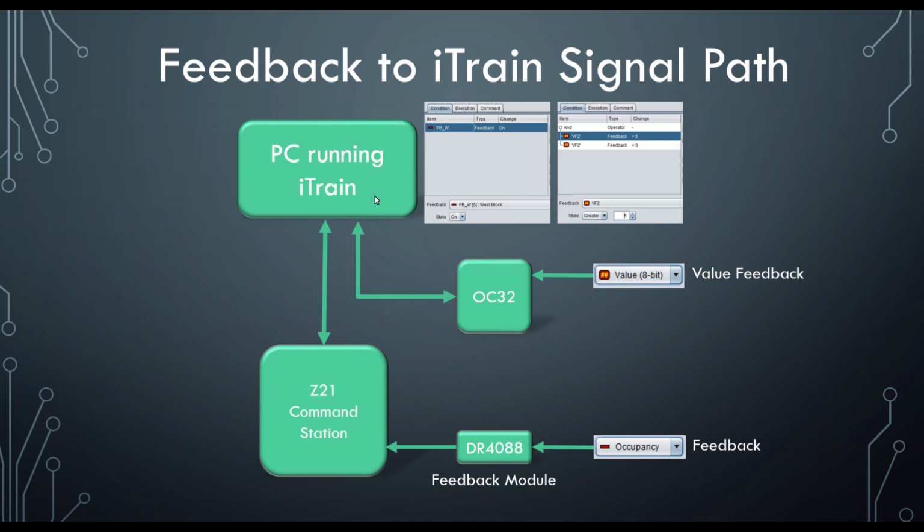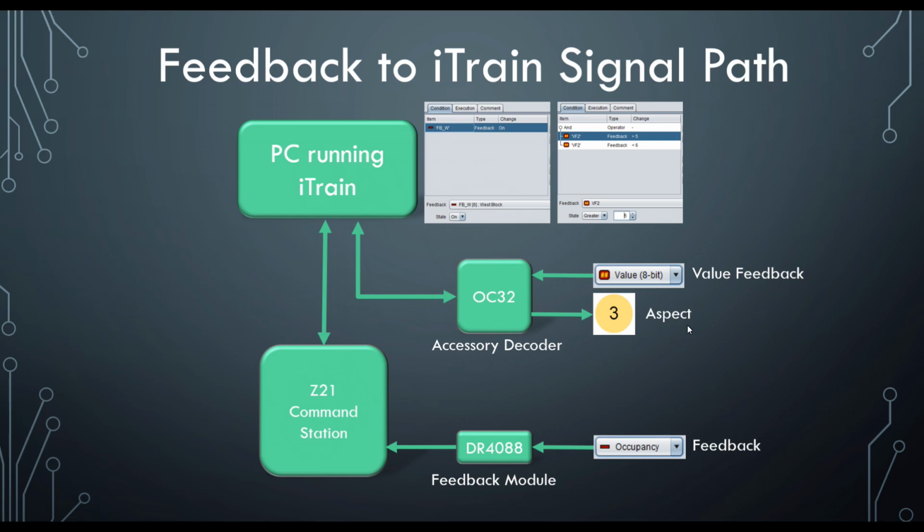I make that point because in the next tutorial we will look at another device that uses 8-bit values, but where the flow of information is in the other direction. The aspect, and that is something that we commonly use within iTrain and in train automation, and we don't necessarily need to use an OC32 accessory decoder to use it.